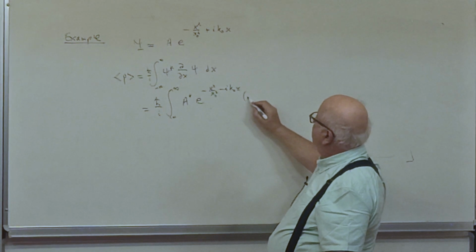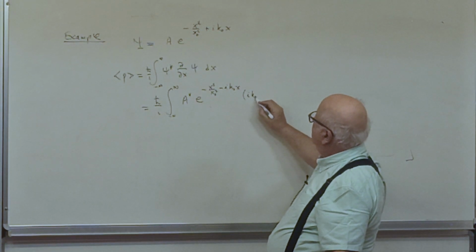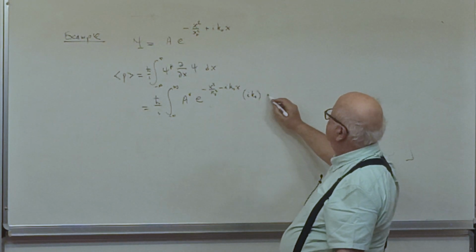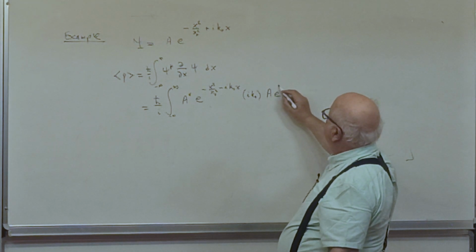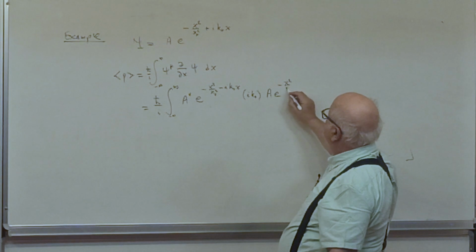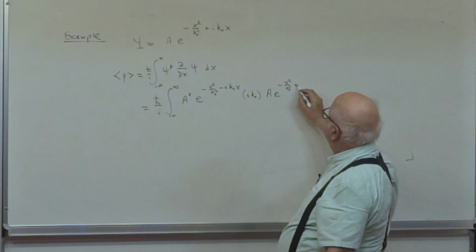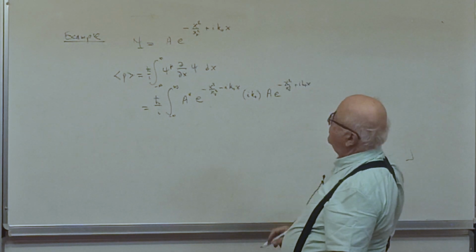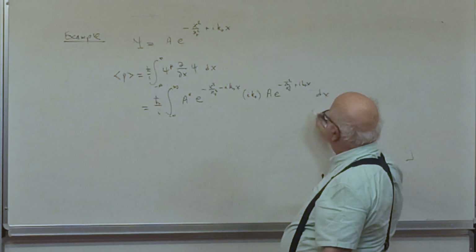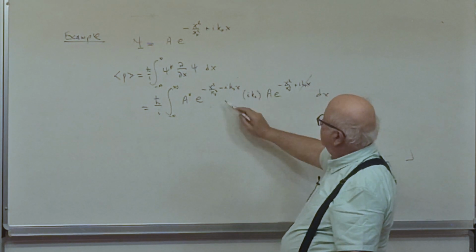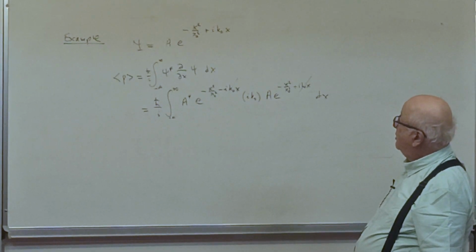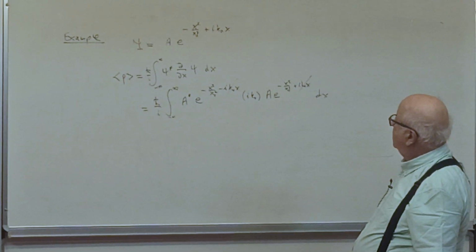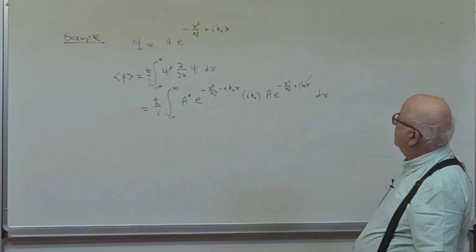It brings down an i k0, and otherwise it's still the exponential. We also must have minus 2x over x0 squared.